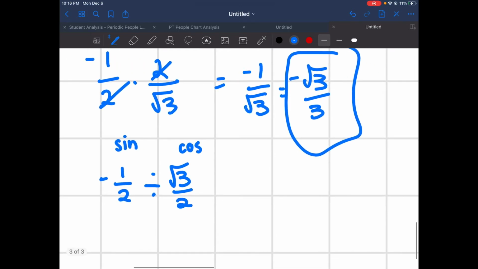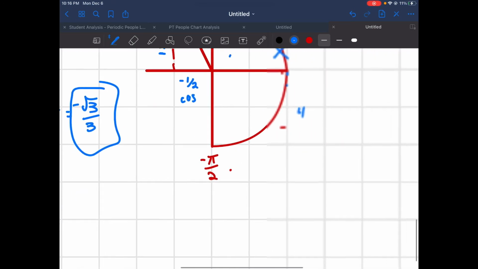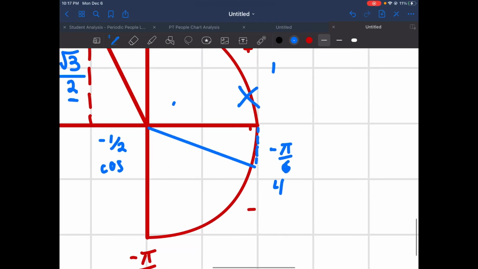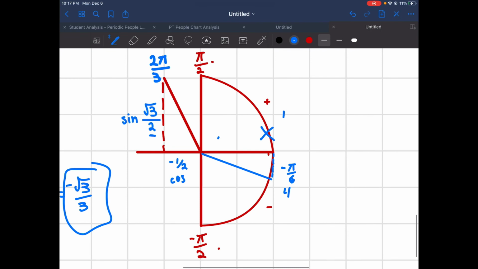If we recall, based on the unit circle, which value is over a lot and down a little? I'm going to draw it out right here. This value is going to be negative pi over 6. This is a correct answer because it exists between these limits. It's a negative answer.